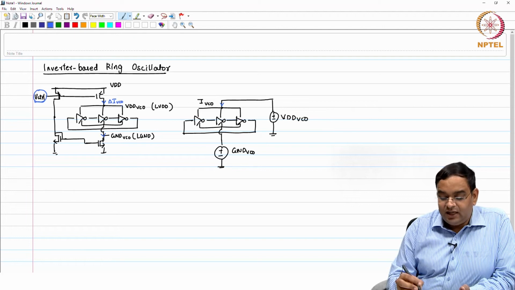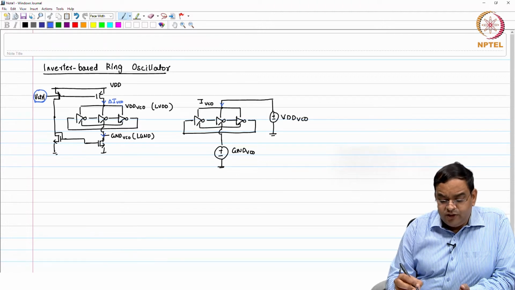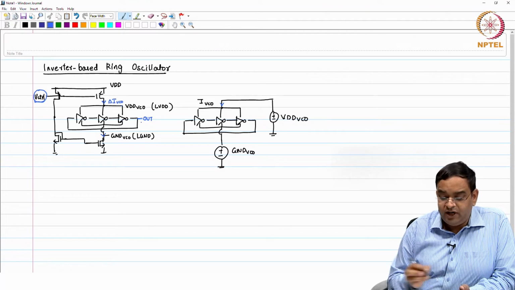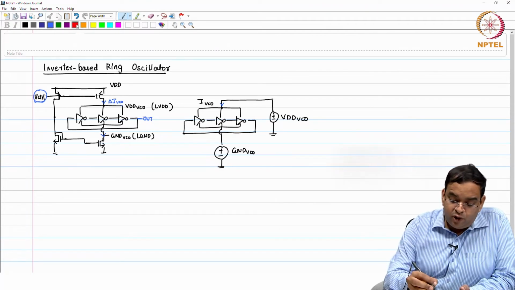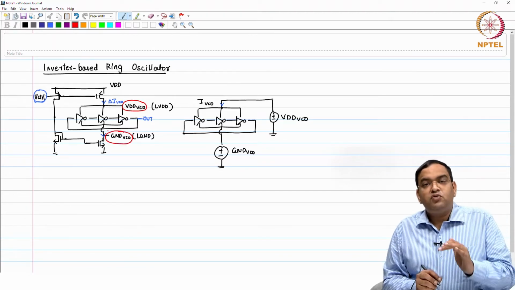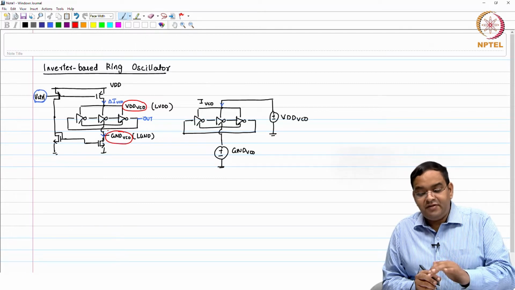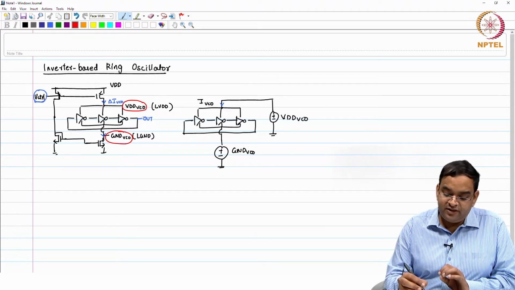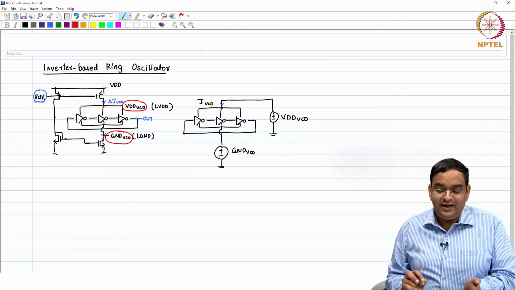When you change the current in the oscillator by delta I VCO and the frequency of the oscillator is some value, you will automatically get the voltages VDD VCO and ground VCO. You are not directly fixing the value of VDD VCO or ground VCO; you are fixing these two voltages indirectly.